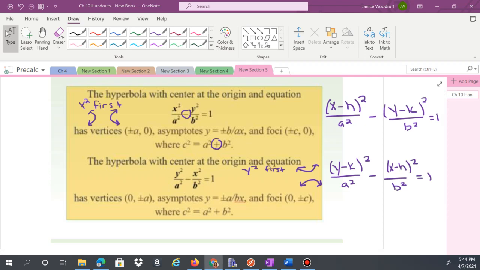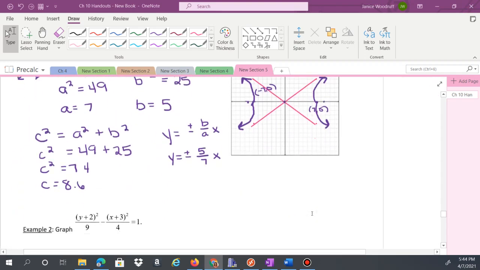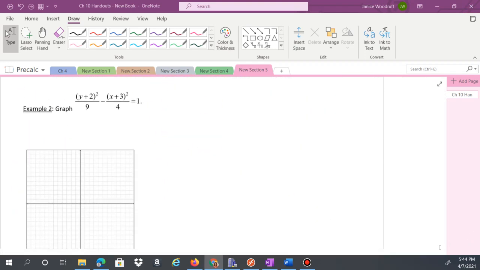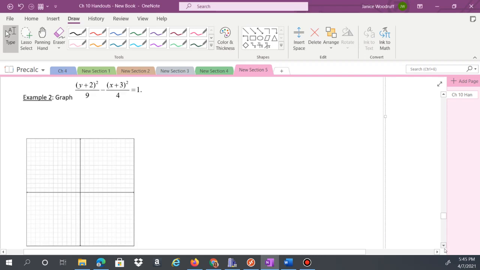K is going to go with the y, and the h is going to go with the x always. Okay, so going back down to this problem, you have a y squared first.